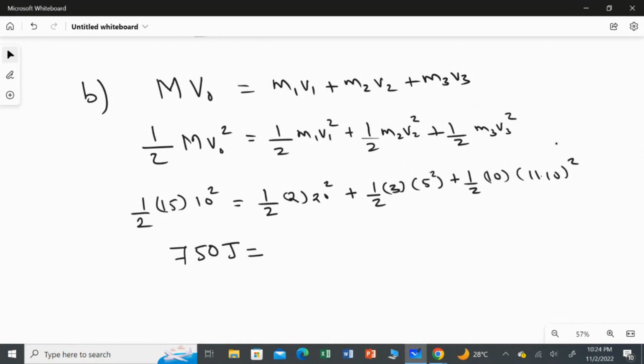Right hand side, let's calculate the first one. Half multiplied by 2 multiplied by 20 squared.